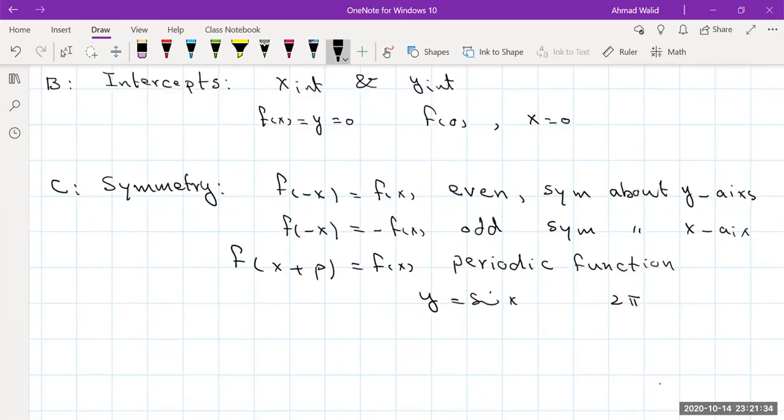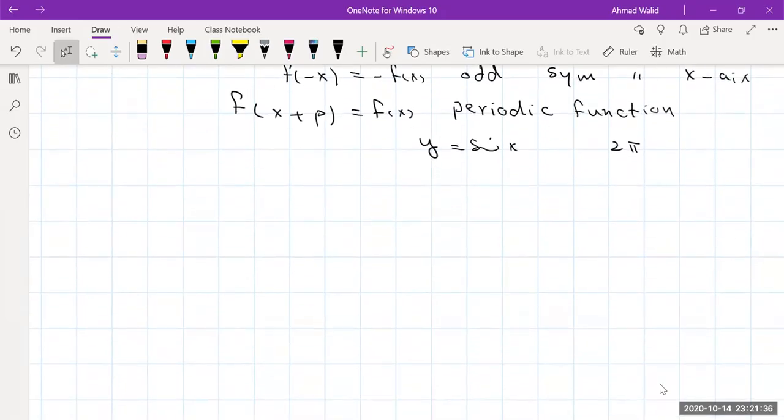Step D, look for the asymptotes. Find the vertical asymptote, find the horizontal asymptote.